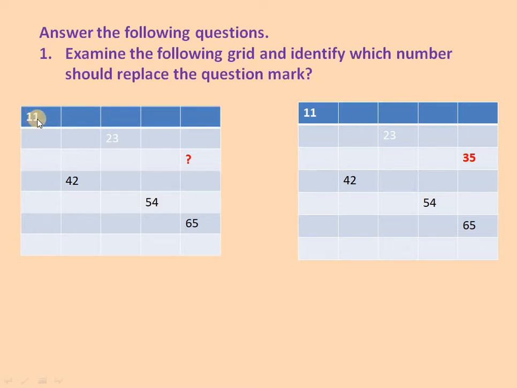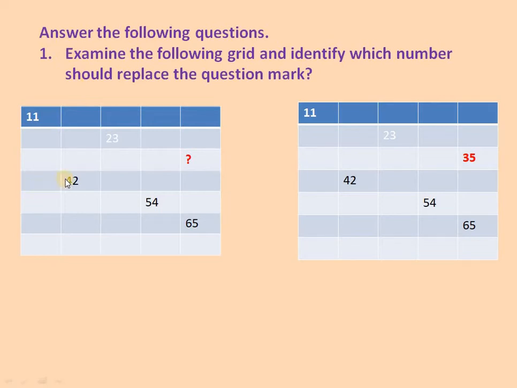What does 11 represent? It means that 11 is representing the position in the grid, the first row and the first column. So first row and first column will give you 11. In the same way, 23 will give you the second row and third column.